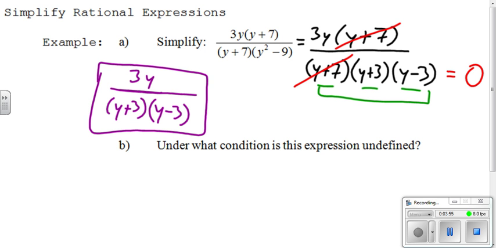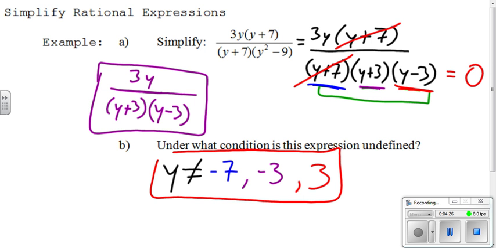So what would y have to be to make y plus 7 equal 0? Well, y cannot equal -7, because that would give us a 0 there. In this case, y cannot equal -3, because again, that would make our denominator 0, so it would be undefined. In this case, y cannot be 3. So y cannot be -7, -3, or +3. Those are the values in which the expression would be undefined.